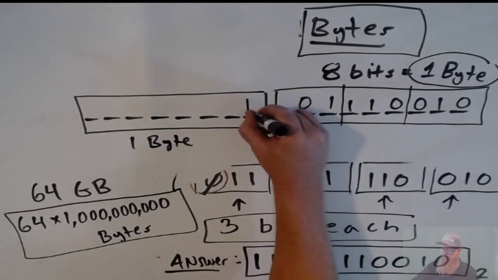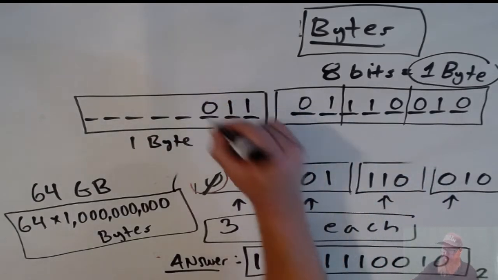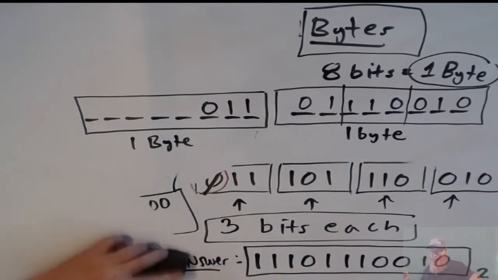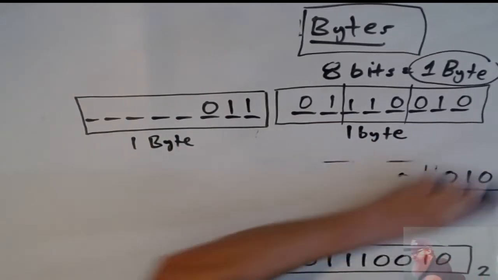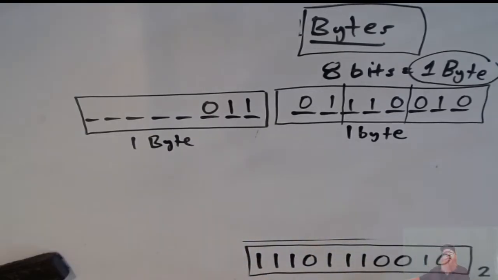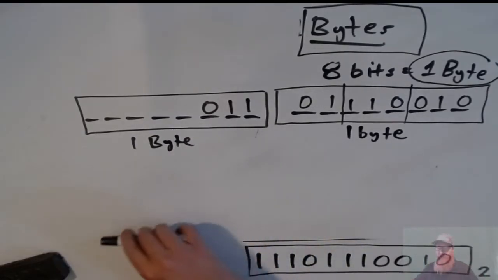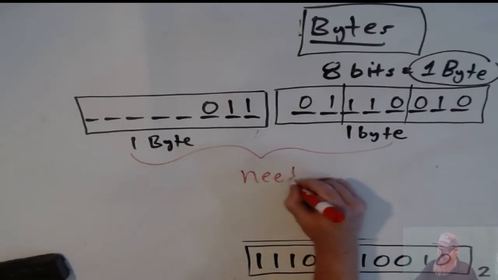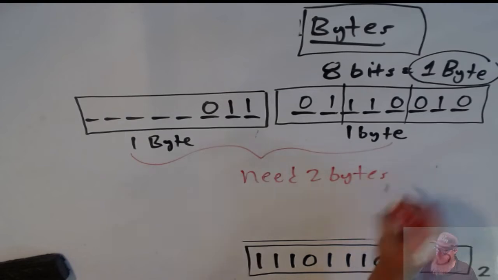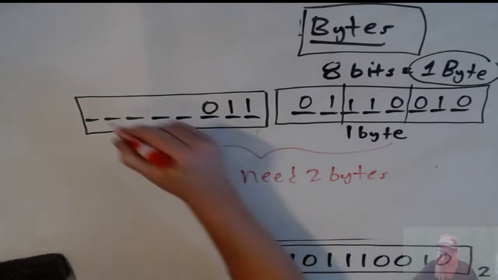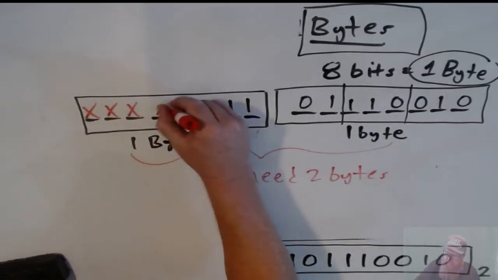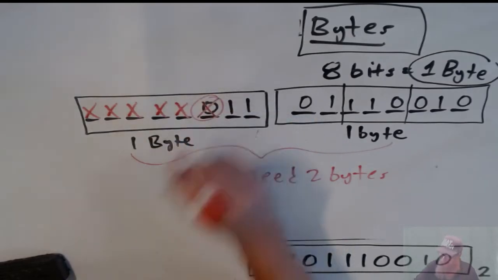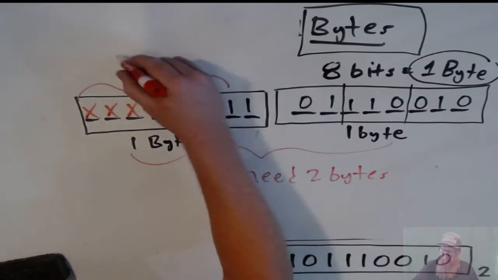We could put 1, 1, 0. And so in order to represent this binary number on my computer, I would need 2 bytes, of which you would have lots of wasted space, including this 0. This 0 here is technically wasted space.